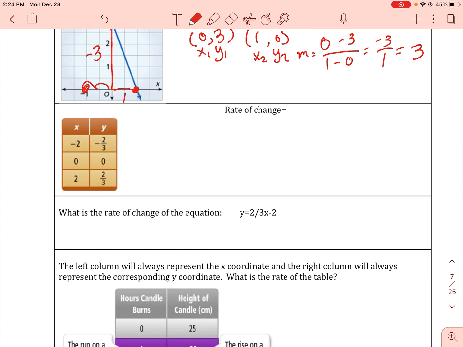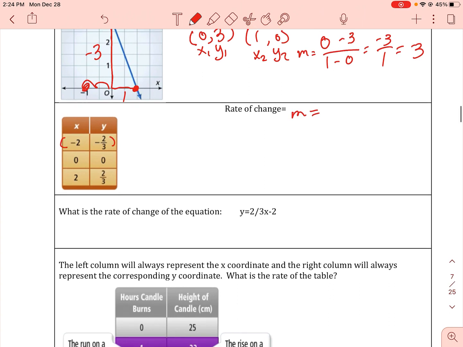So here, the two ways we can do this, you will have to graph these. These are just coordinates, that's all these are. And remember, each coordinate has 1x and 1y. So I can use my formula here, change in y, or subtract my y's, over change in x, which means to subtract my x's.